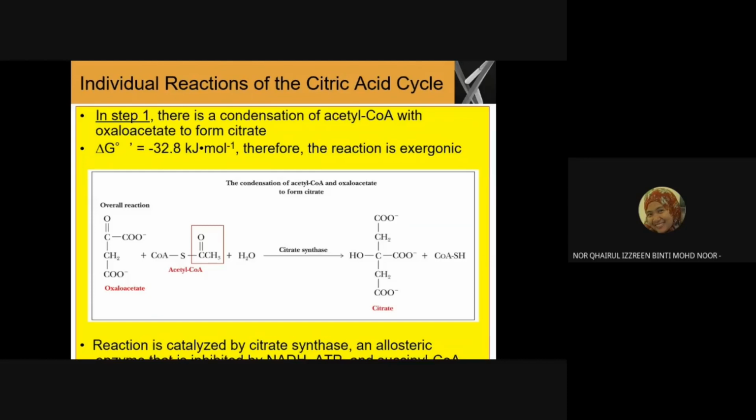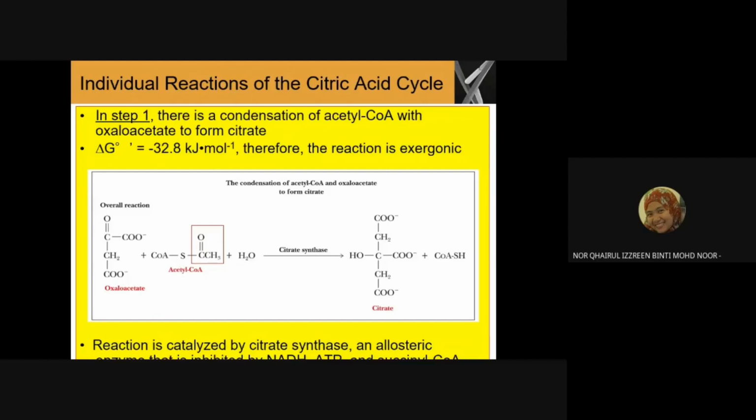The second step breaks a high energy thioester bond and thus drives this overall reaction. So what is a thioester bond? A thioester bond is between coenzyme A-SH and the acetyl group of acetyl-CoA.